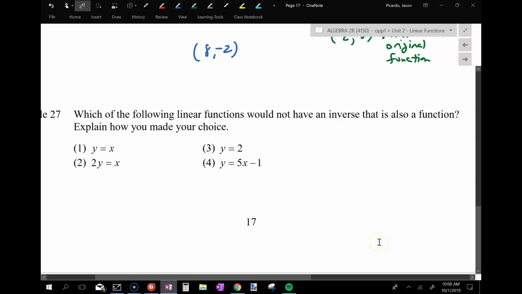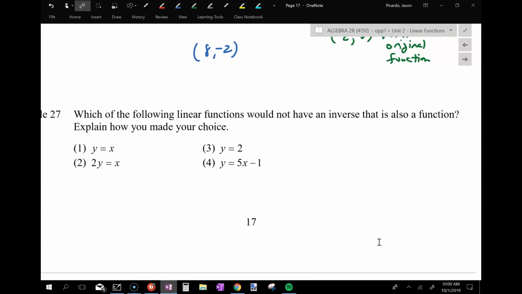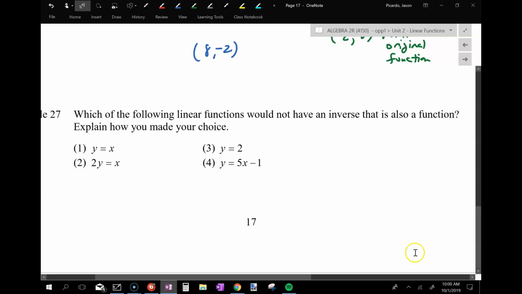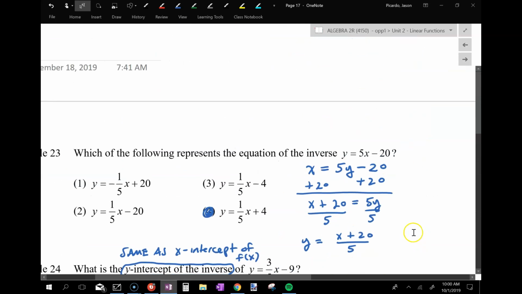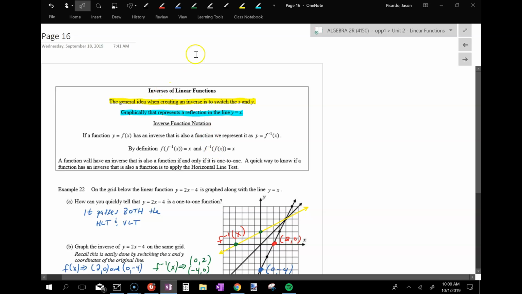Okay, ready? Which of these functions would have an inverse that is also a function? Okay, this is where I said, let's go back for a minute, because I wanted to talk about one more thing in here.